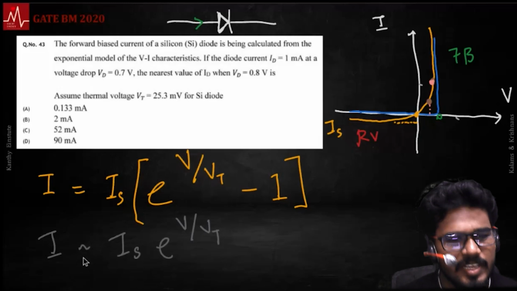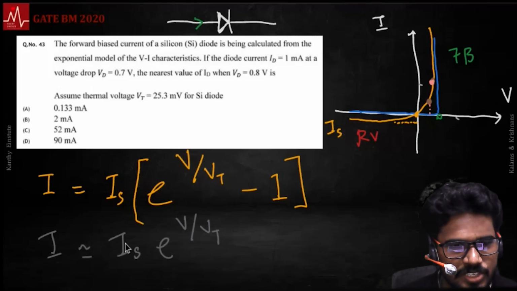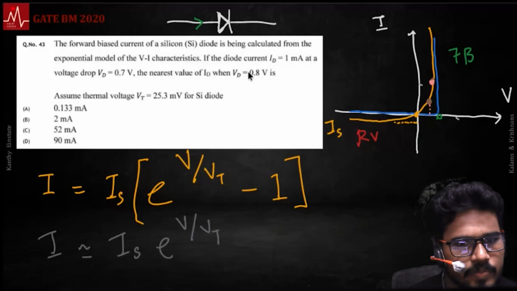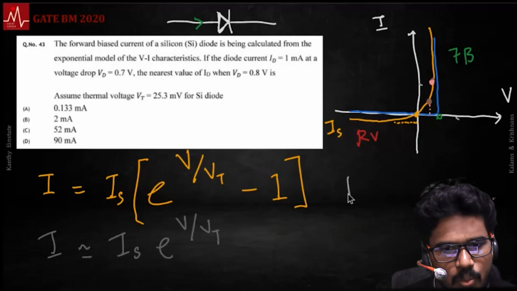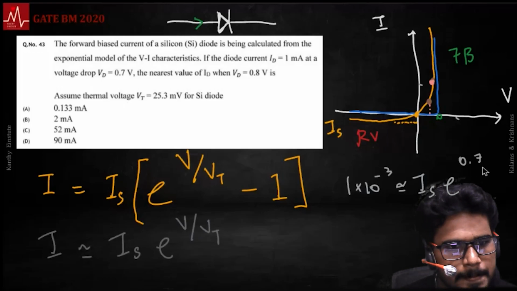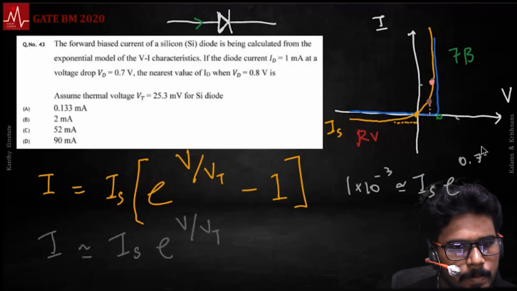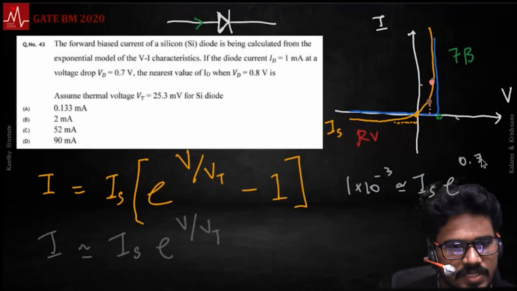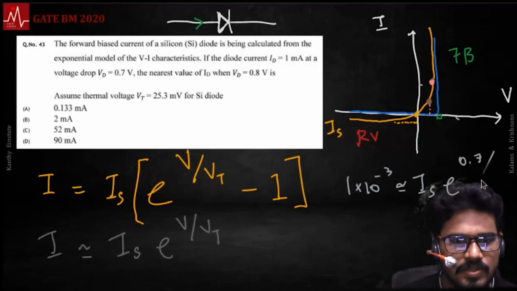What is given is 1 into 10 power minus 3 current, approximately IS e power, where the voltage is 0.7, and Vt is in millivolts.